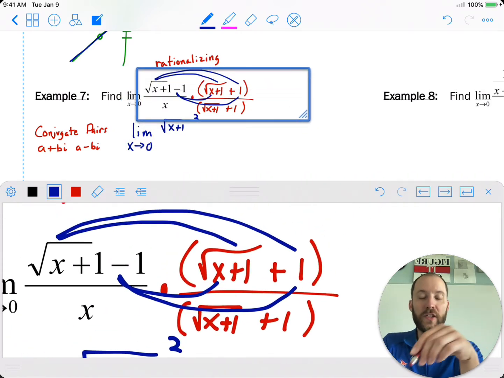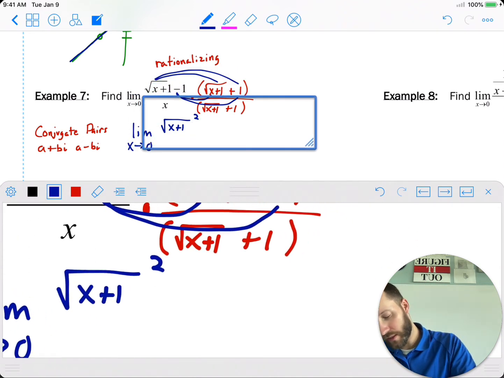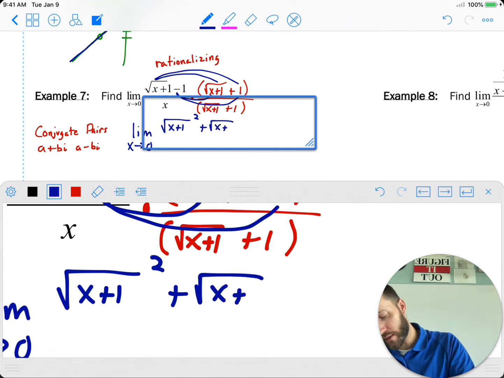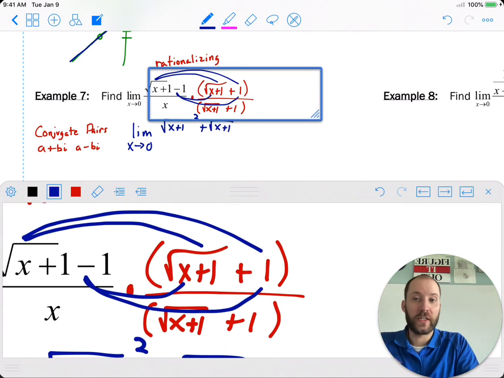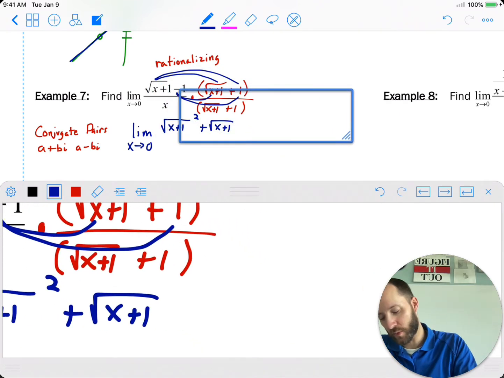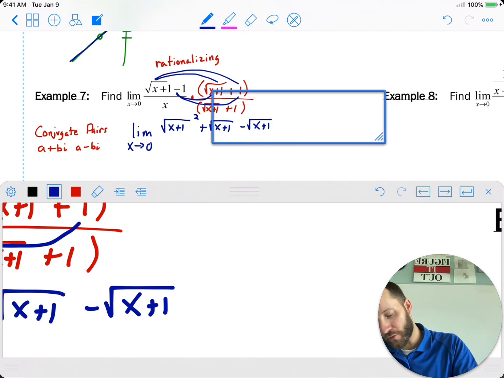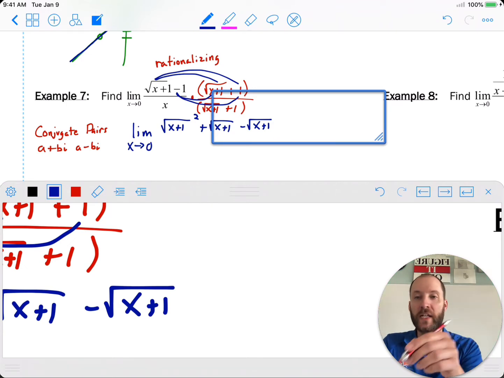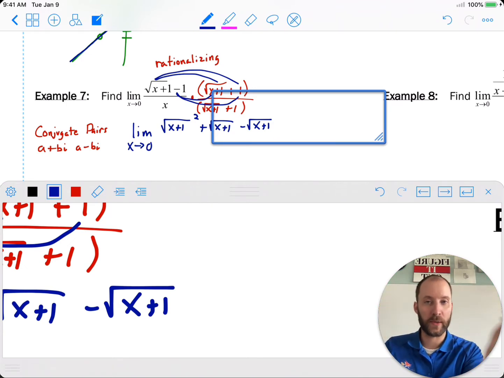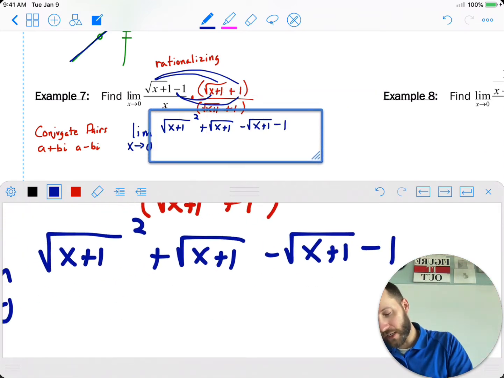The second distribution, root x plus 1 times 1, just gives you root x plus 1. Now the third distribution, negative 1 times root x plus 1, gives you a negative root x plus 1. And then your fourth and last distribution, positive 1 and negative 1 multiplied together, giving negative 1.